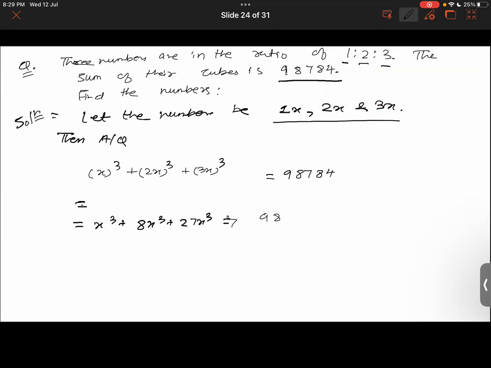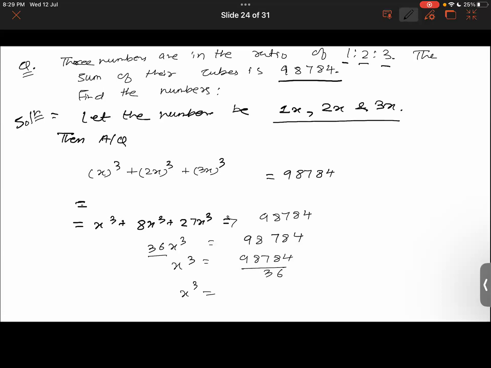So 98,784. So from here you get how much? 36x cube equals 98,784. So from here, just transpose the value 36 to the right hand side, Ahmed. So if you divide it, what value will you be getting here? Okay, sir, I'll solve it from now.